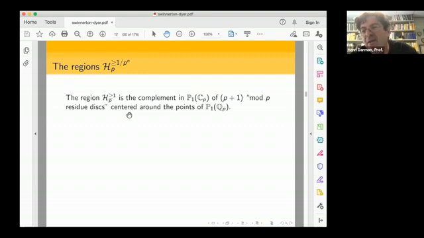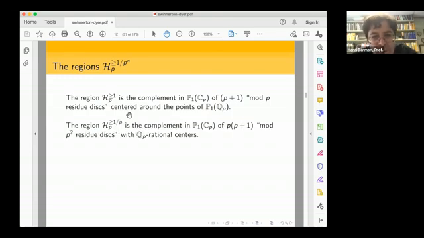And that's what this region looks like when epsilon is equal to 1. But if you look at the region HP greater than 1 over P, you get a complement of P times P plus 1 smaller residue disks. These are now mod P squared residue disks, centered at the QP rational points of P1. And so on and so forth.